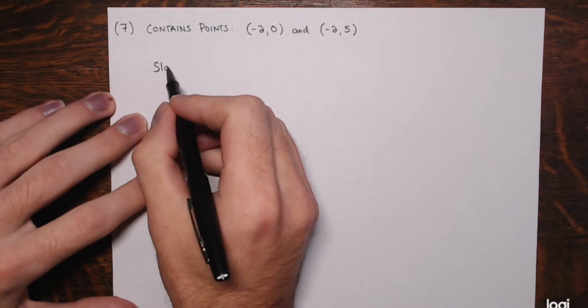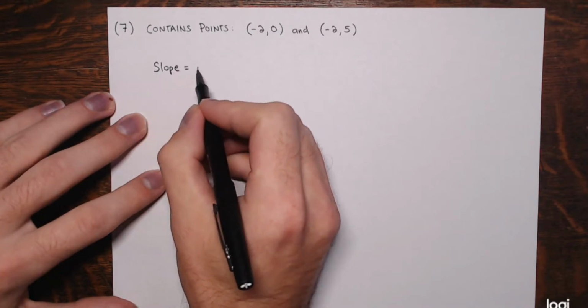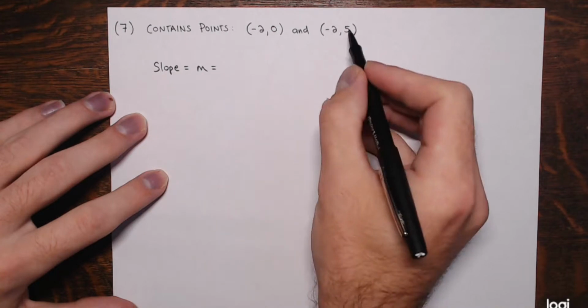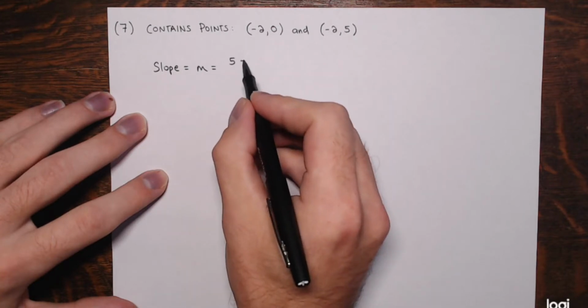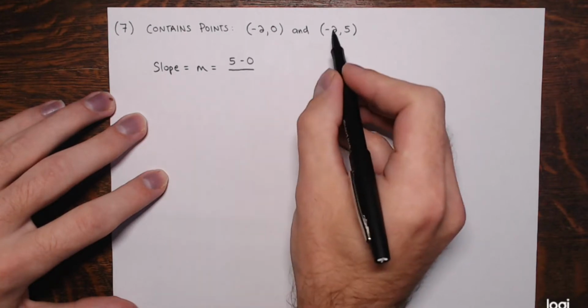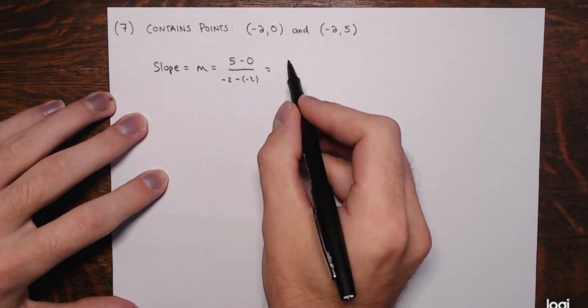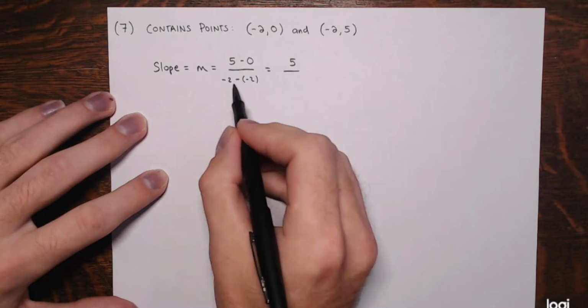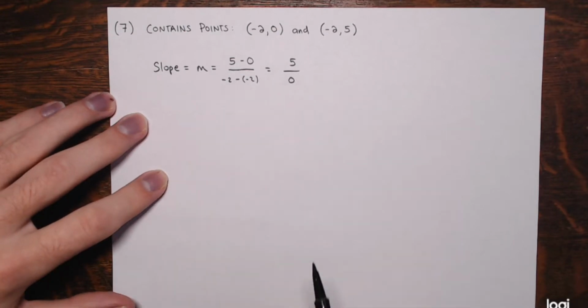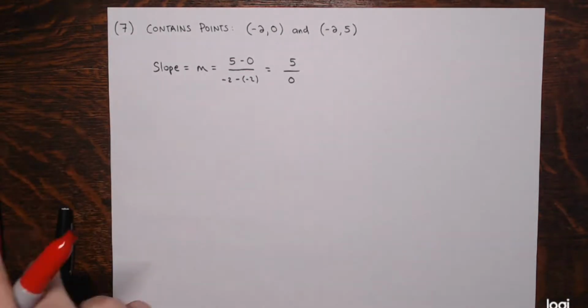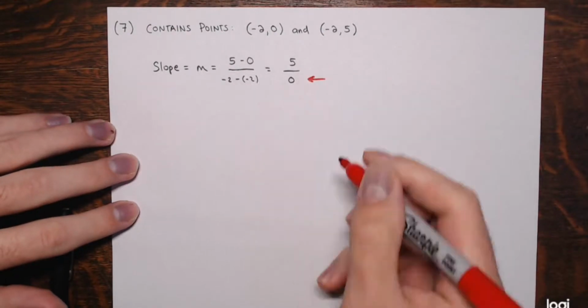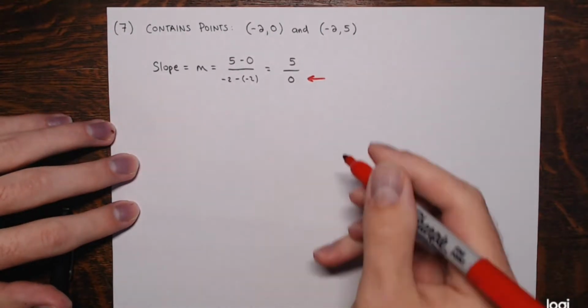If I try to find the slope, it's going to be the change in y in the numerator, 5 minus 0, divided by the change in x, negative 2 minus negative 2. So the numerator is 5, but the denominator would be 0. Can't divide by 0. This is undefined.